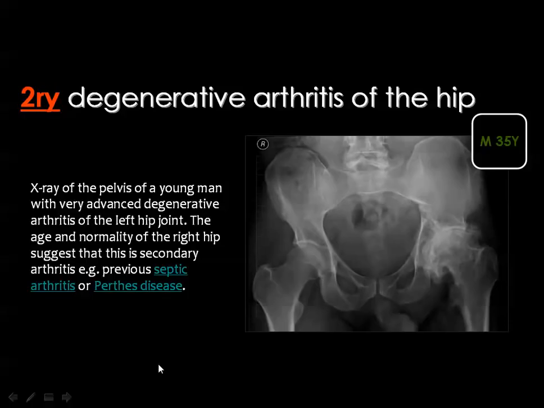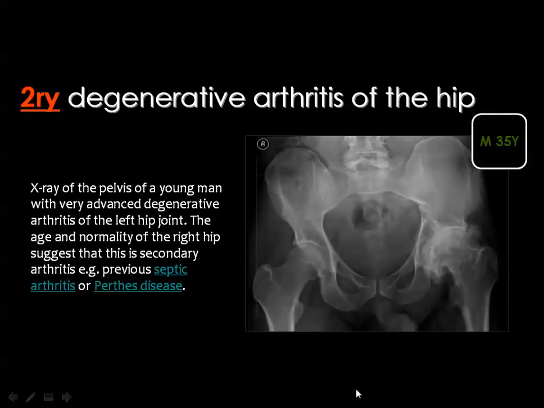Then the osteoarthritis may be primary or secondary to a pre-existing disease like septic arthritis, avascular necrosis, or Perthes' disease.